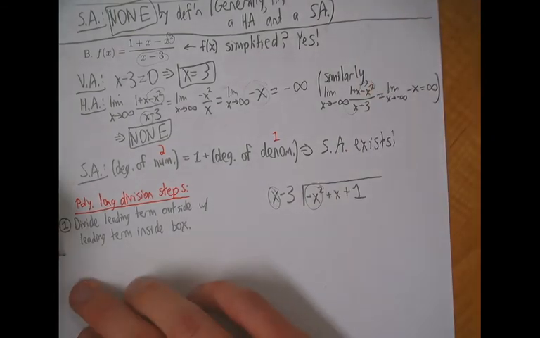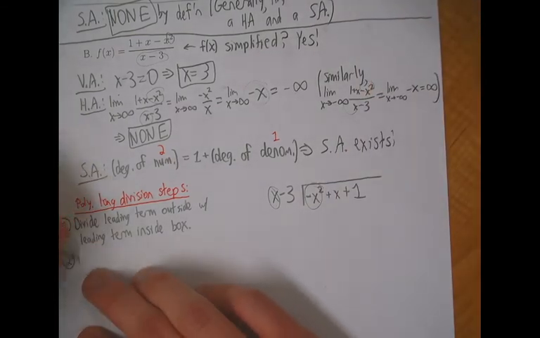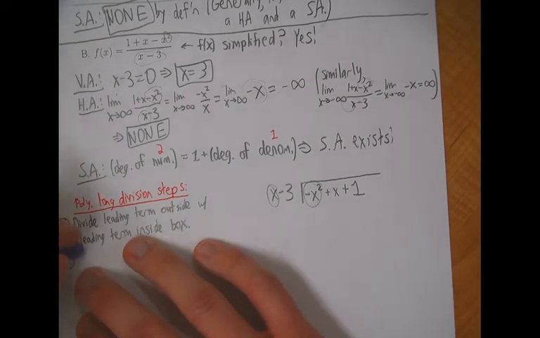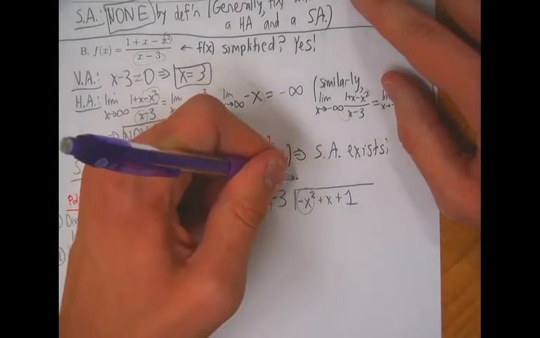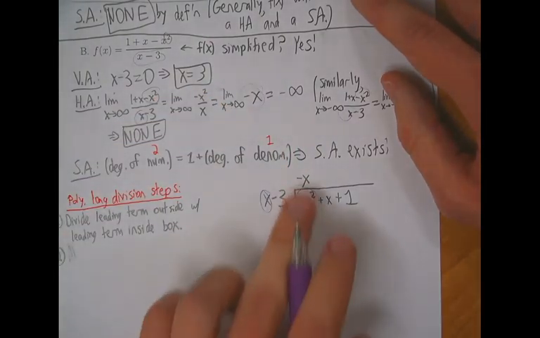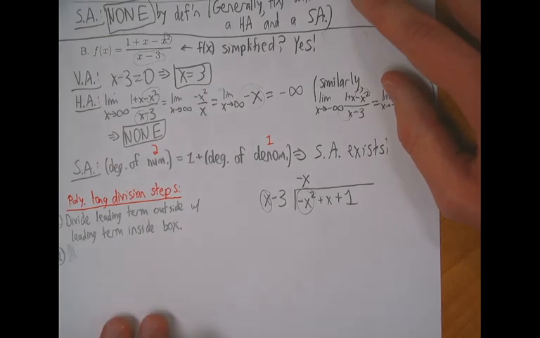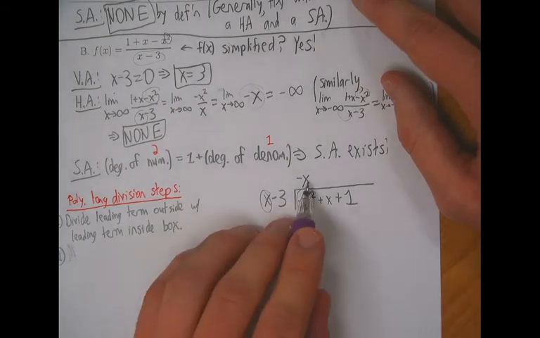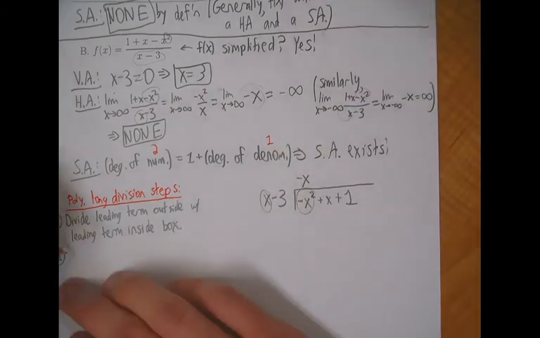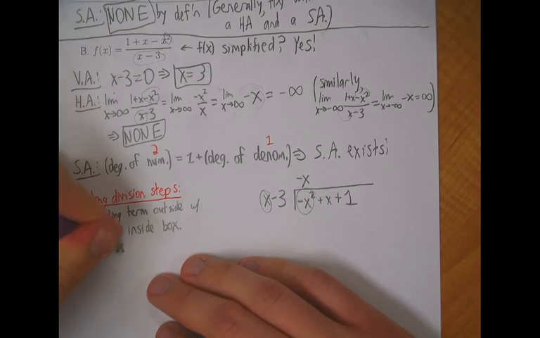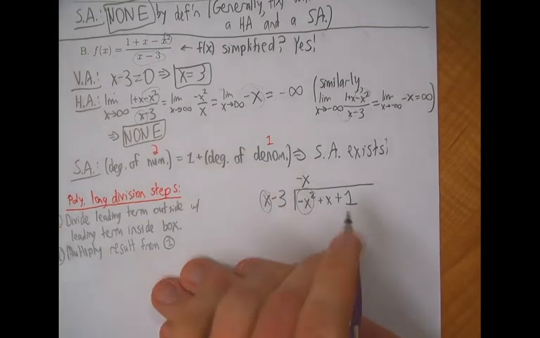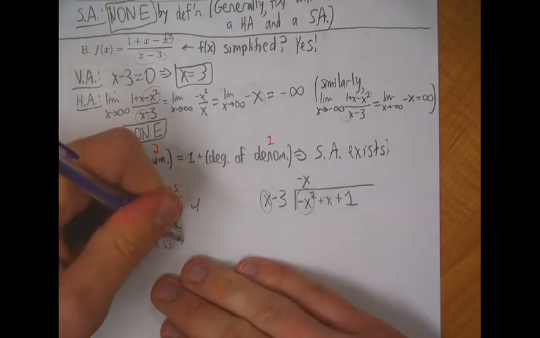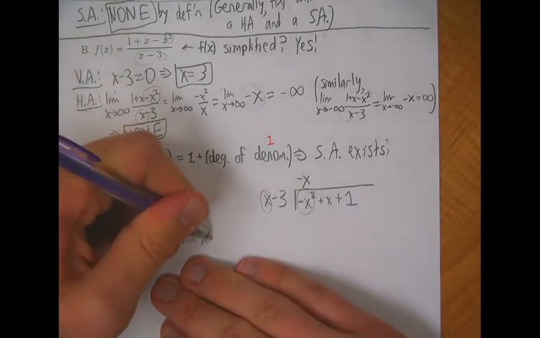So once we have that, step 2: we take that simplified ratio and put it right here. Okay? So now that we have that, step 3: multiply the result from step 1, so in this case negative x, with the polynomial outside.